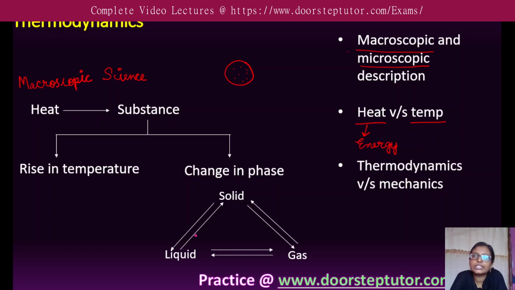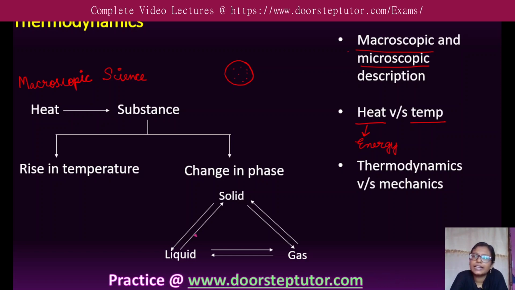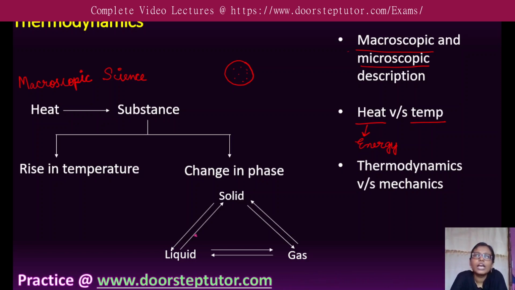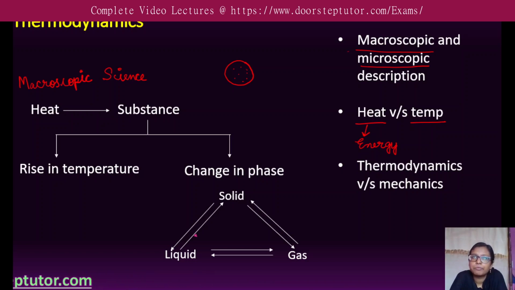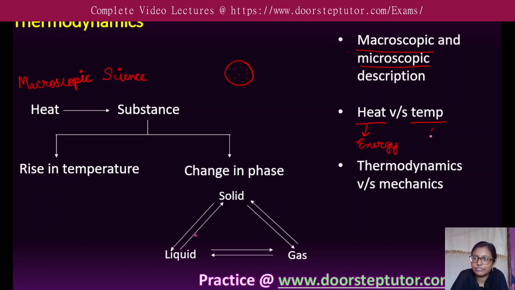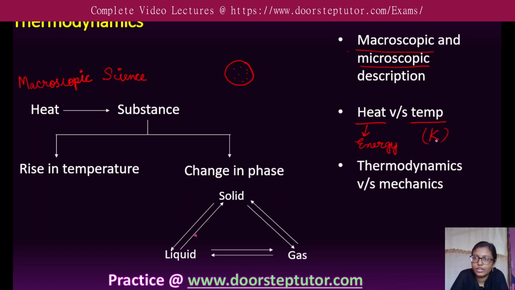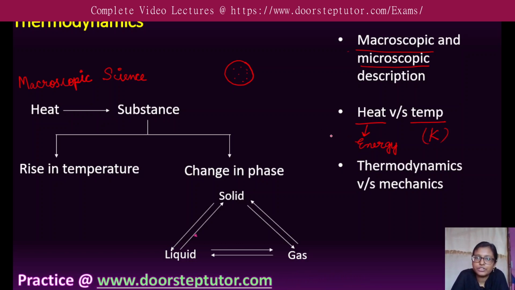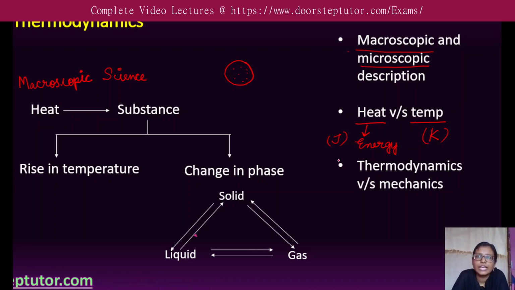If we touch that, we can say that yes, it is slightly warm. But we need a definite physical parameter to measure the exact degree of hotness or coldness. That physical parameter is temperature, and its SI unit is Kelvin, whereas the SI unit of heat is Joule, since it is a form of energy.